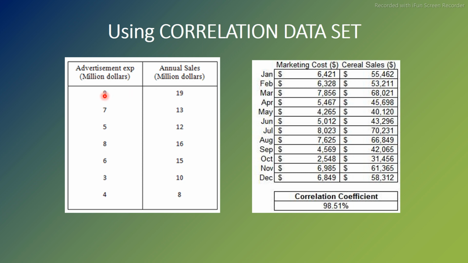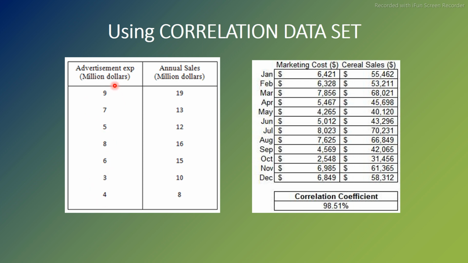And it goes on, let's say 4 million of advertisement, and now you have sales of around 8 million annual sales. By looking at these data points, you can easily see one is increasing, the other is also increasing. Somehow there are some points where it is decreasing.